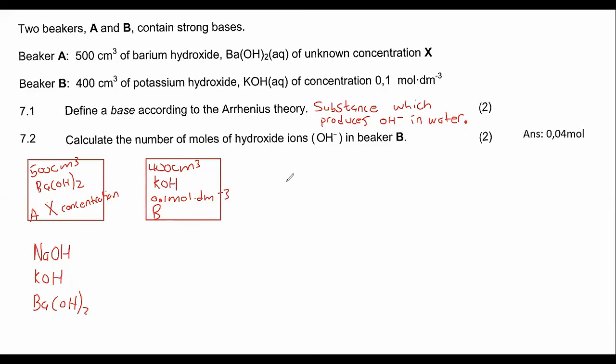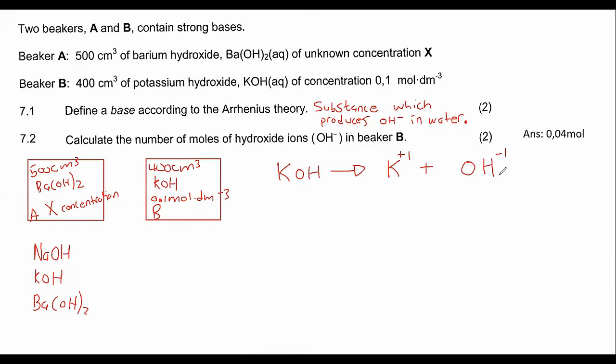So if we look at beaker B, that's potassium hydroxide. Now, if it dissociates, it means that it breaks up into its ions like that. Now, we need to remember all the valencies. So we know that potassium is +1, and we should remember that hydroxide is -1.